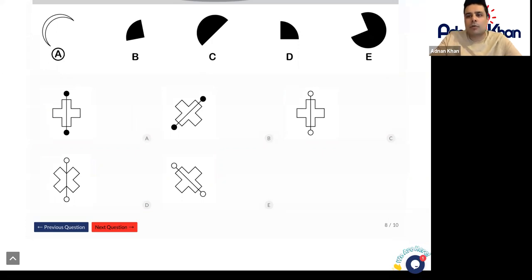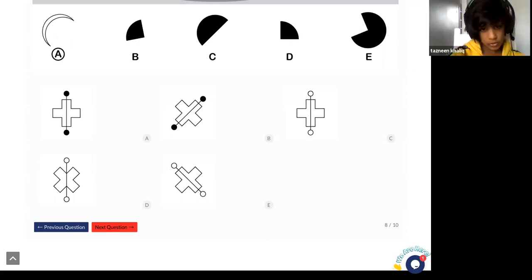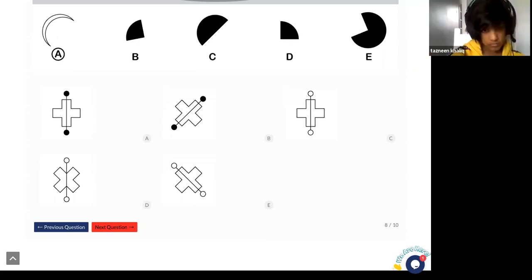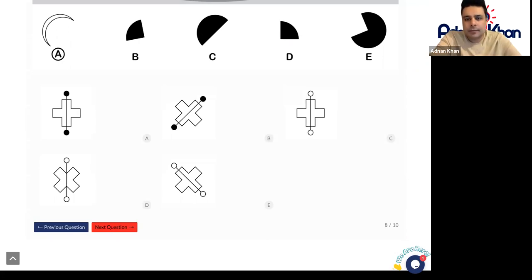Let me give you an example. A line at the top, a line at the bottom, that's parallel. But in this case, the majority of the figures here have the parallel lines near one end.